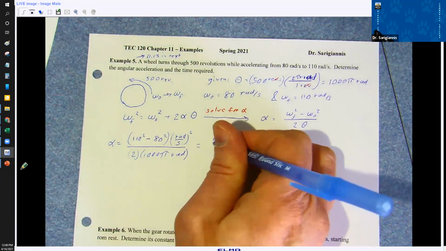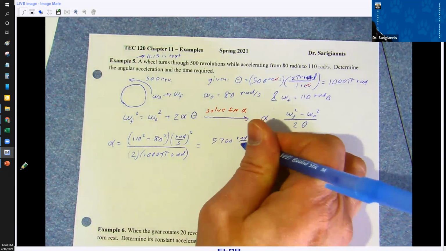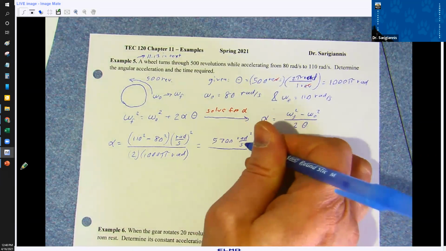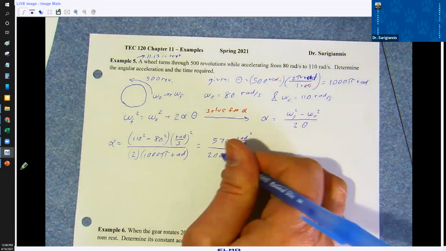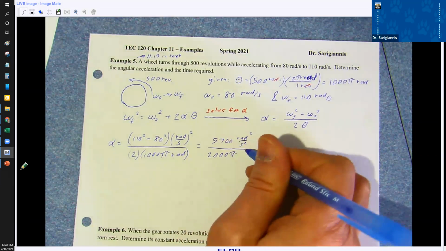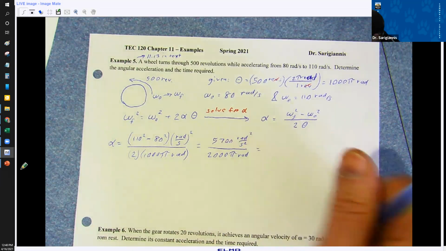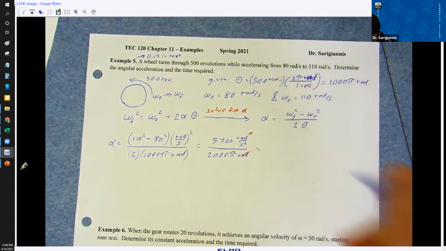On top, we get 5,700. This is radians squared per second squared. And on the bottom, we get 2,000 pi radians. One of the radians cancels.